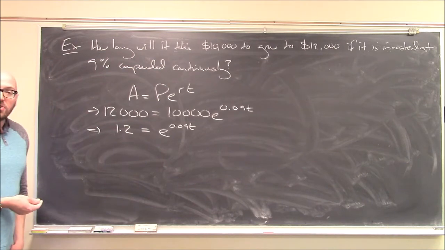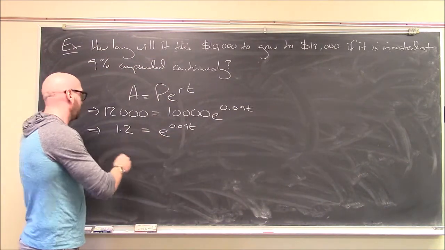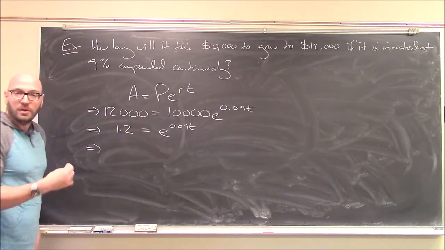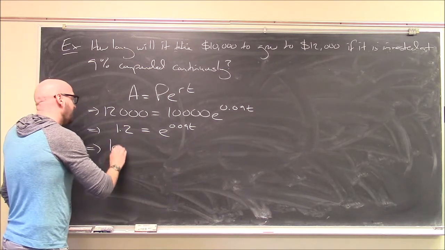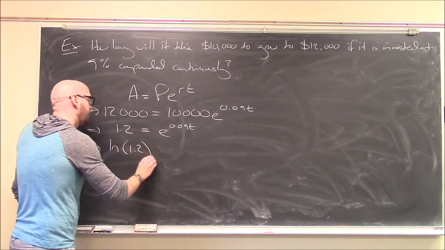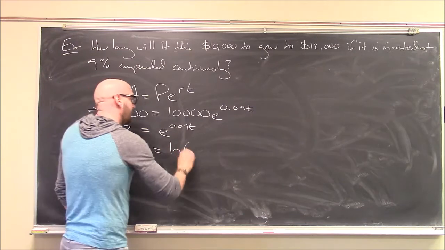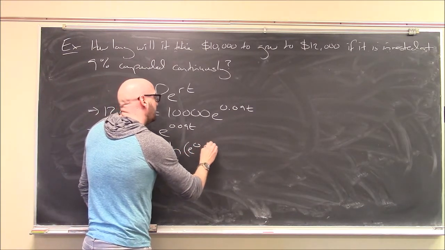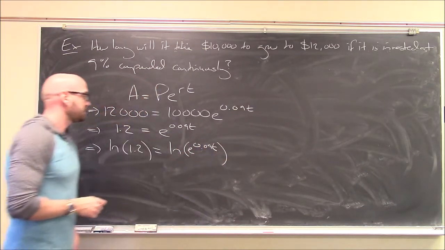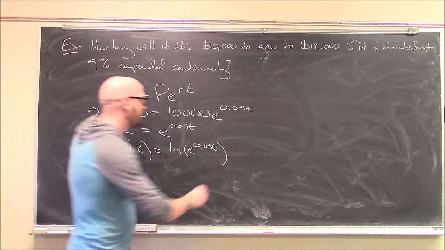So now how do you get stuff out of the exponent? You take logs of both sides. Namely, we use natural logs. So I'm going to take the natural log of both sides. ln of 1.2 is equal to ln of e to the 0.09t. Why did I do that?